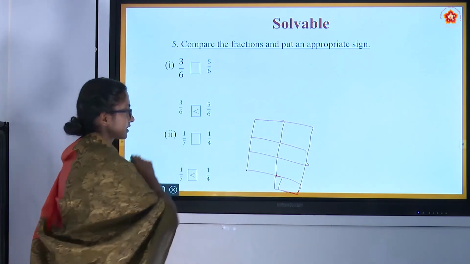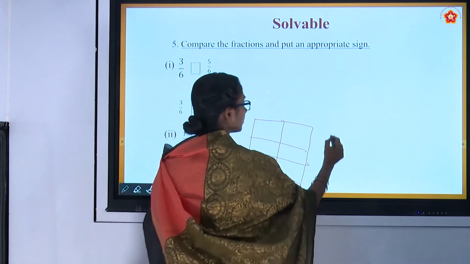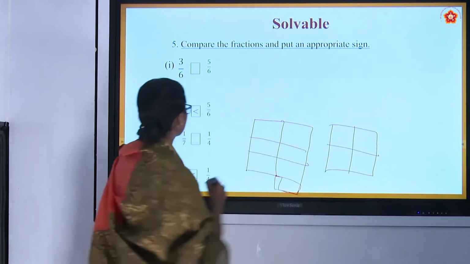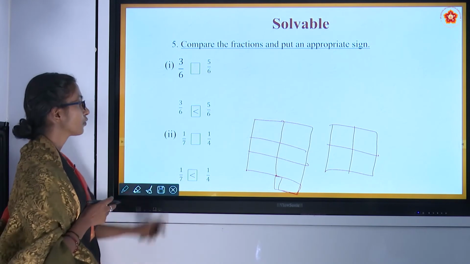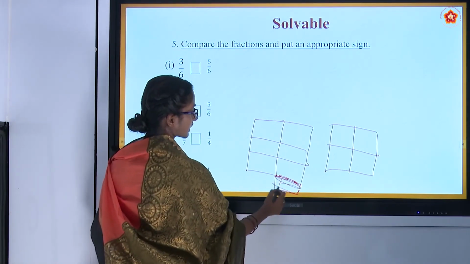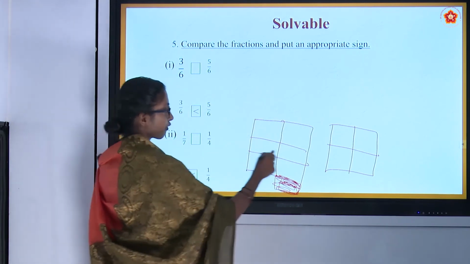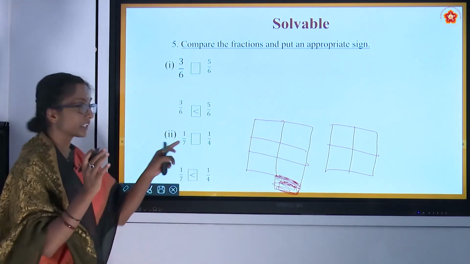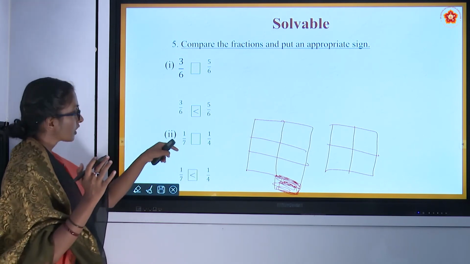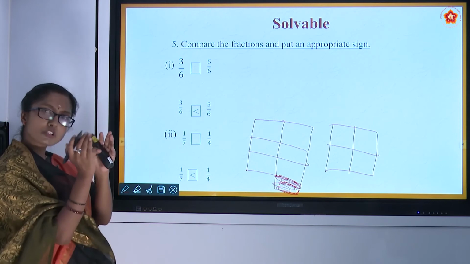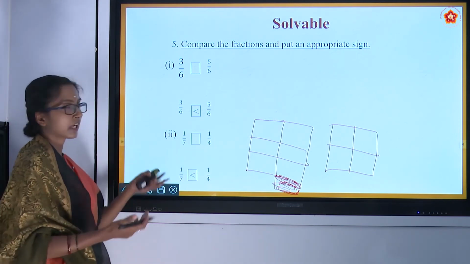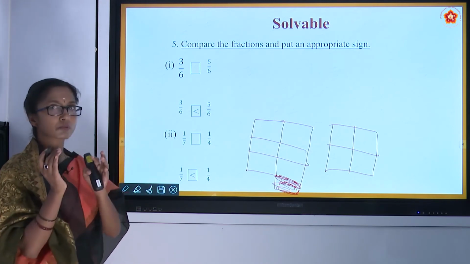There are total 7 parts, and one more we will divide into 4 parts. Among 7, one part will be shaded. If a whole is divided into 4, the parts are larger. If the number increases, 7, 8, 9 like that, the parts will be smaller.